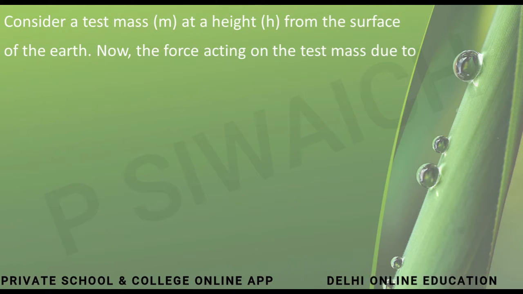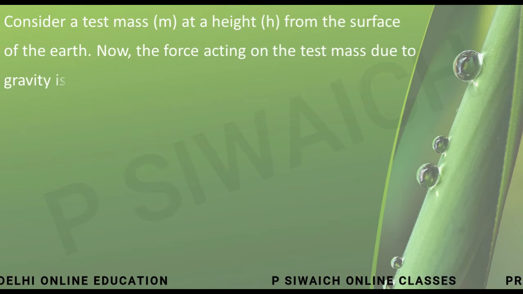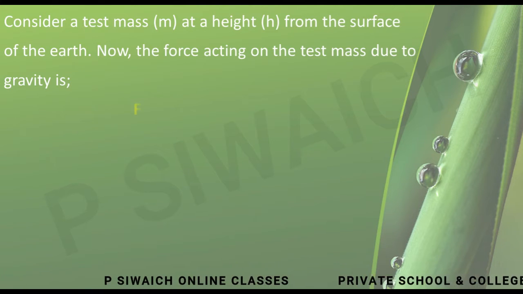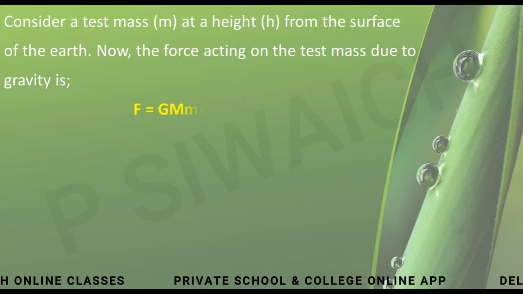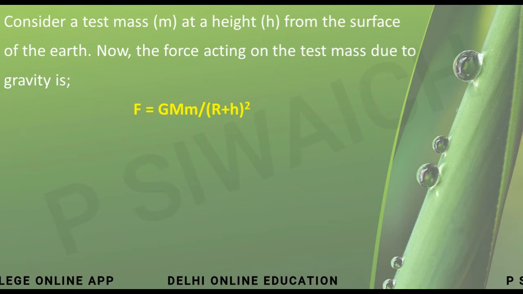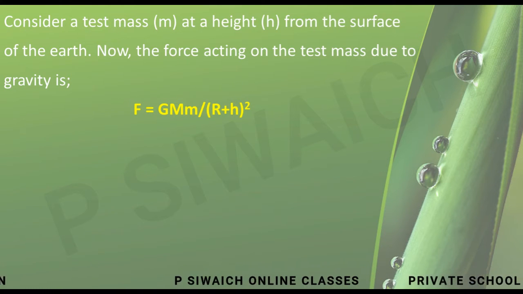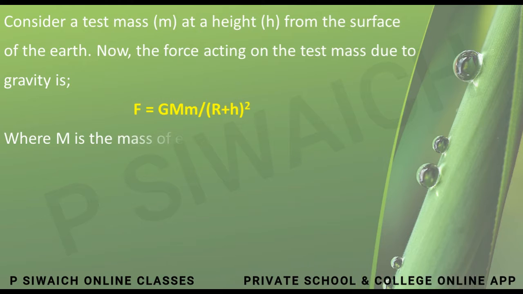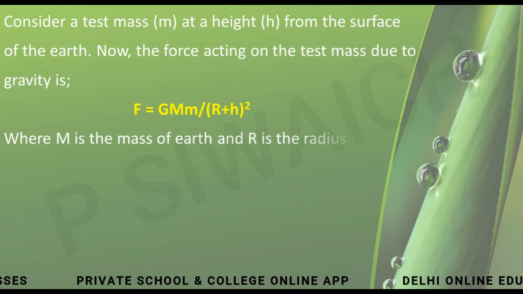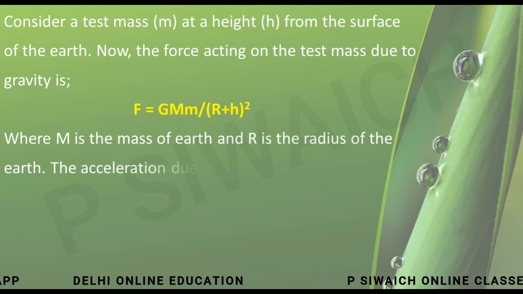Now, the force acting on the test mass due to gravity is F equals G M m over (R plus h) whole squared, where M is the mass of Earth and R is the radius of the Earth.